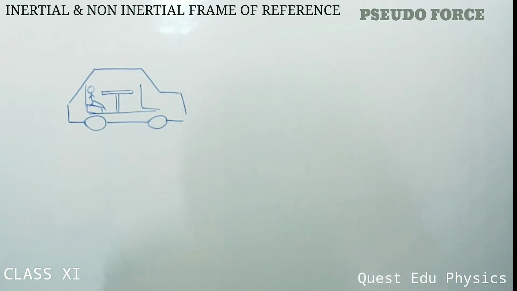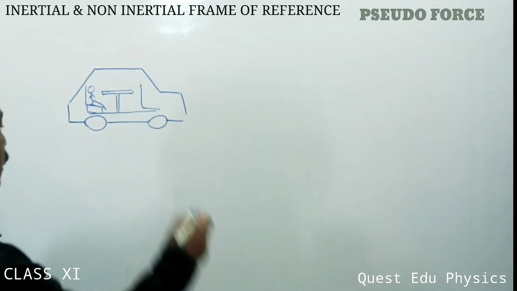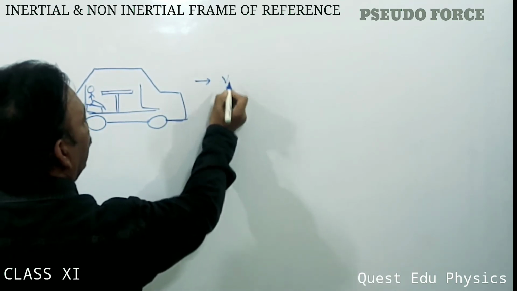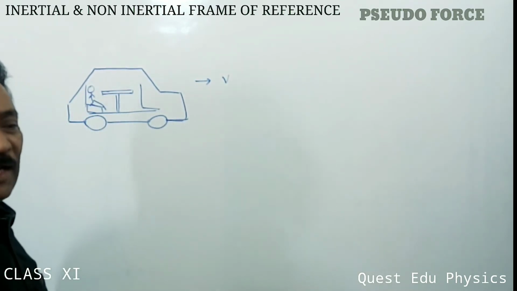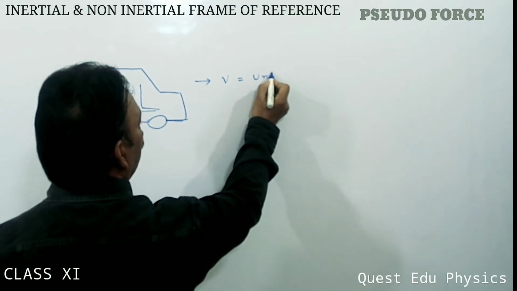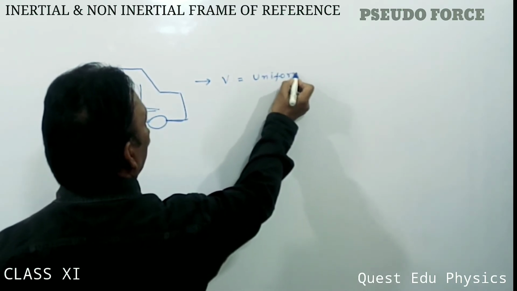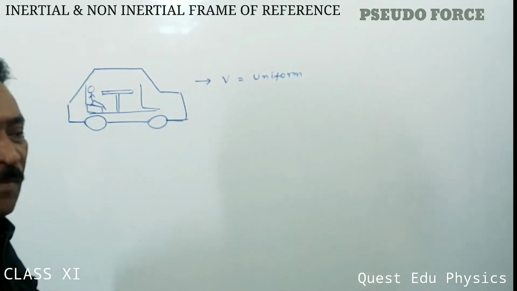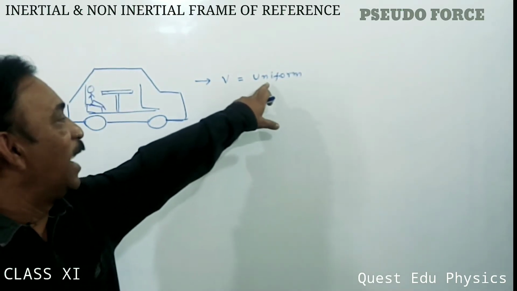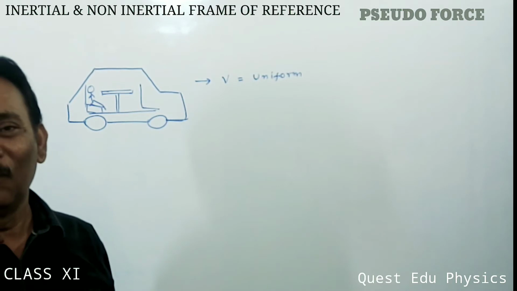Okay, students, this vehicle is moving with a velocity which is v. This velocity is uniform. Okay, students, it means its acceleration is 0.